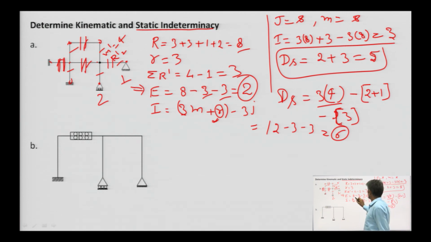What I have: 8 restraints, 3 equilibrium equations, minus 3. We will continue in the next class.